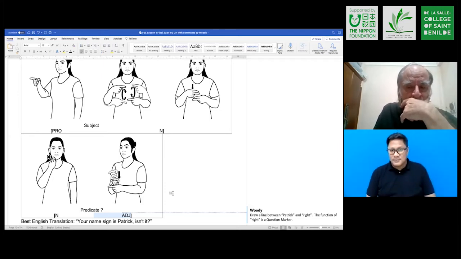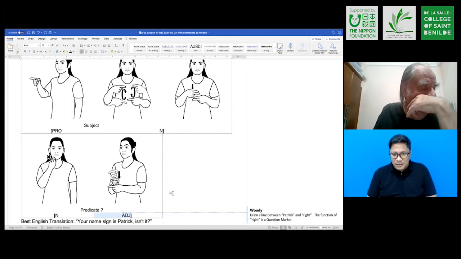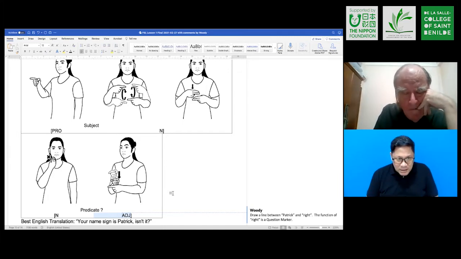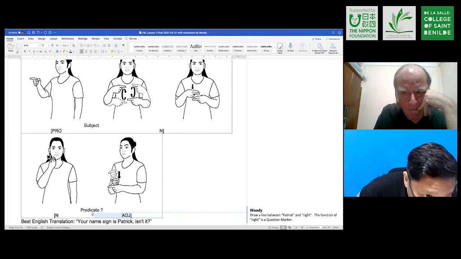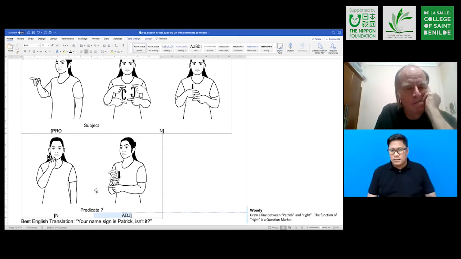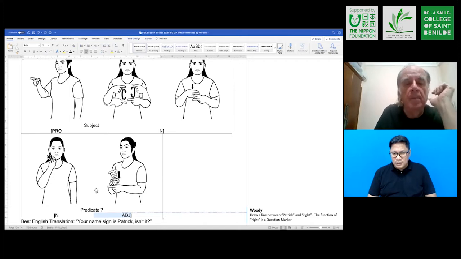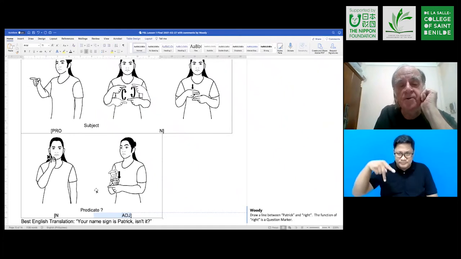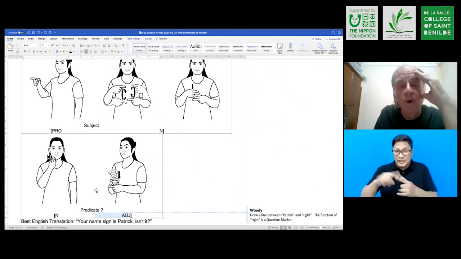So just, okay, I'll add a line. All right. So which one's the predicate then, sir? Is it write, or are they both the predicate? Patrick is the predicate. And then the question mark should go with the sign write.